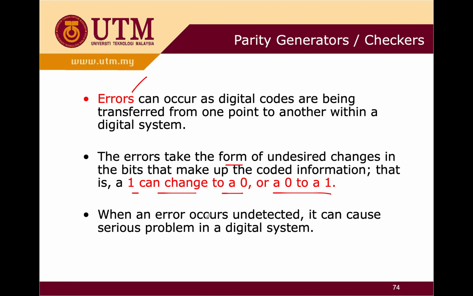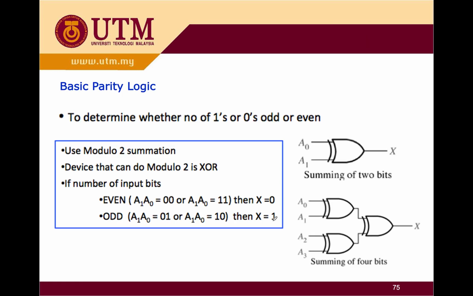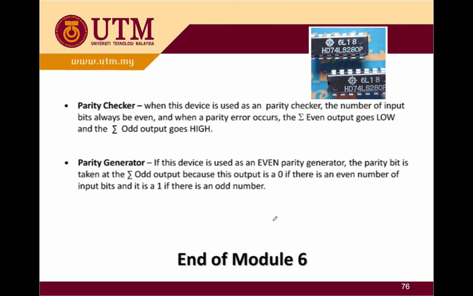When an error occurs undetected, it can cause serious problems in your digital system. This is the basic parity logic, to determine whether the number of ones or zeros is odd or even. And this is the information on the parity checker and also the parity generator.